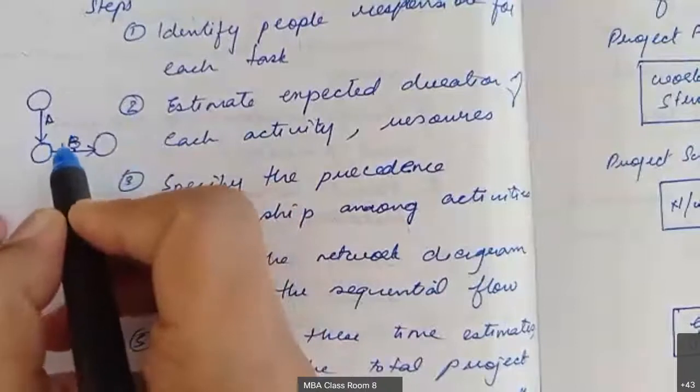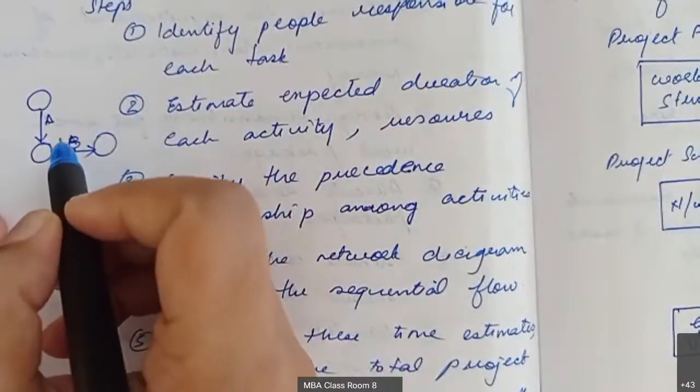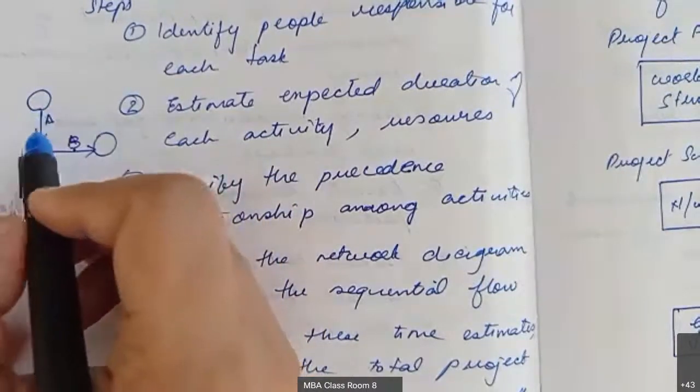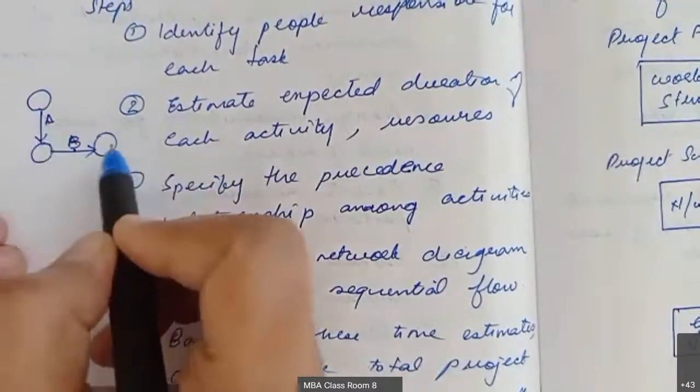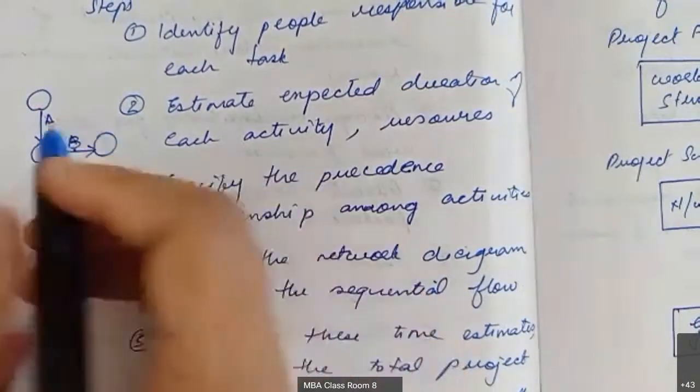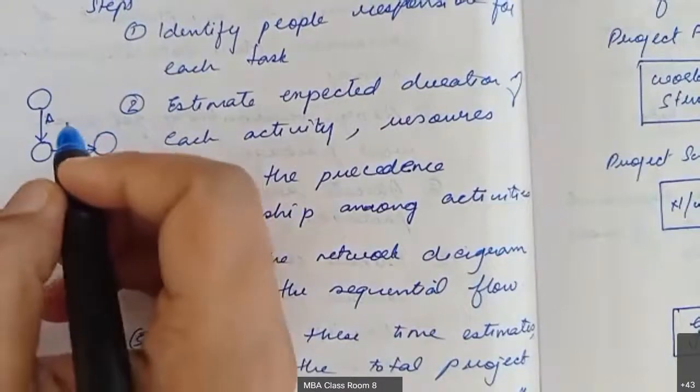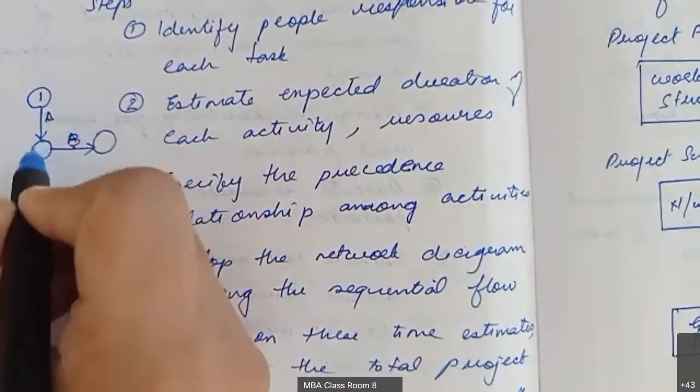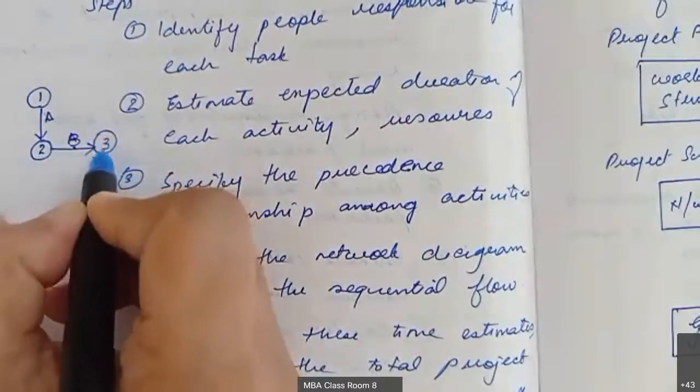Precedence means an activity that comes before B. That is A. Like this, we'll be drawing the network diagram. Is it clear? And the circles are called events. Events we'll be writing as 1, 2, 3, etc.